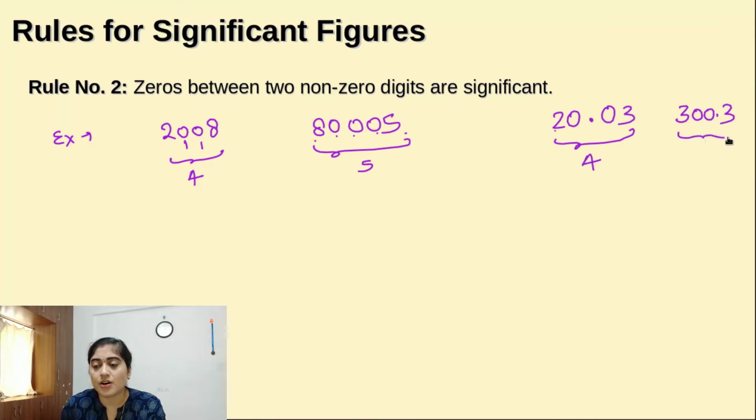And here also 4 significant figures. In the last two examples decimals are there, but the zeros come between two non-zero digits, so they all are significant figures.